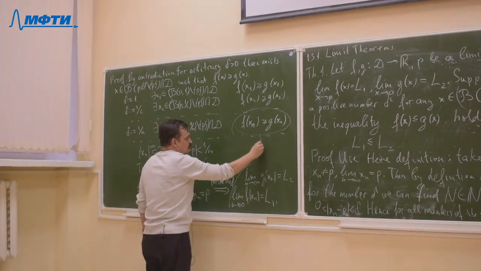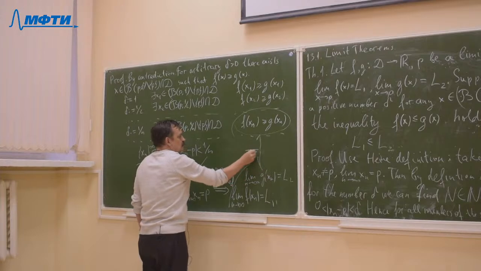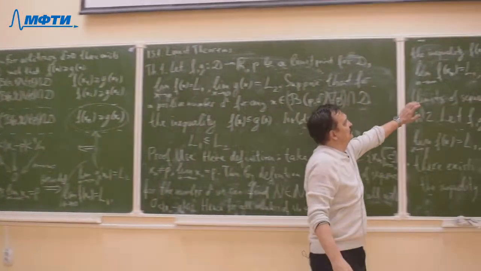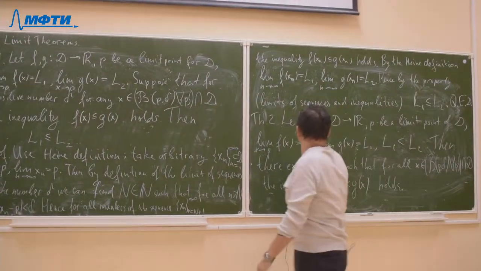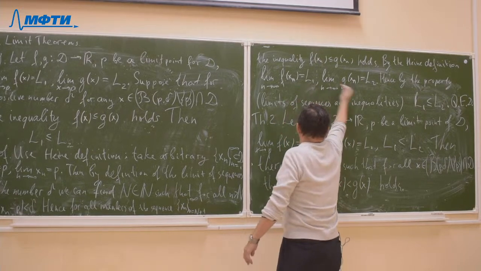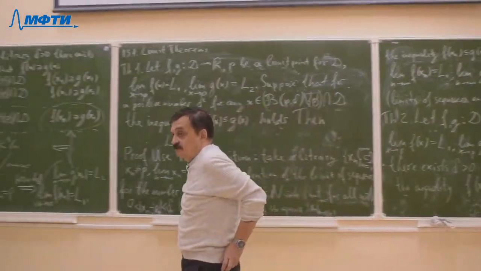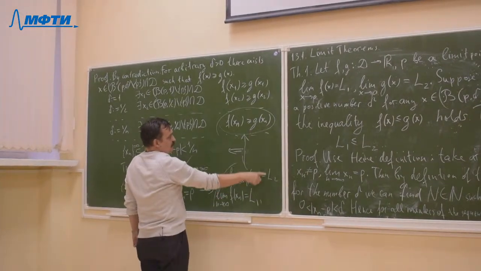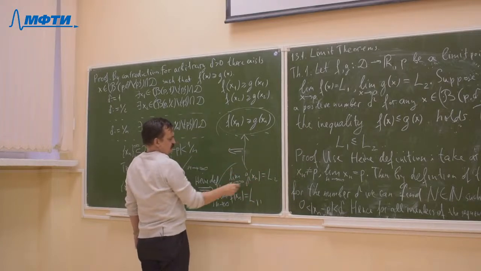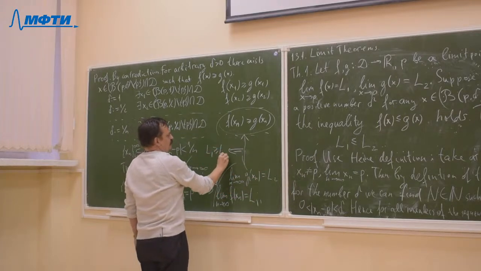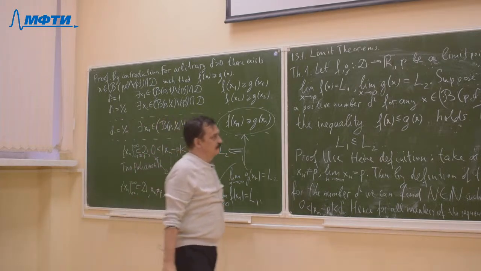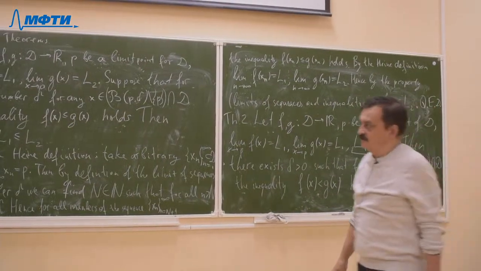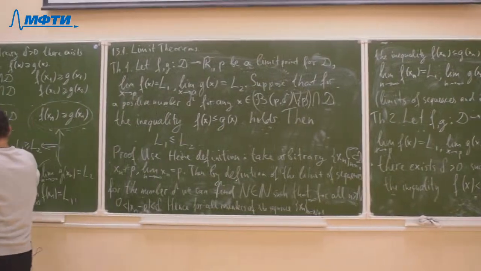Hence, by those two, what we can deduce, again from limits of sequences and inequalities, is, in fact, the same theorem which was used in the first part. We deduce that a similar inequality is valid for the limits. So L1 greater or equal than L2. But that is a contradiction.